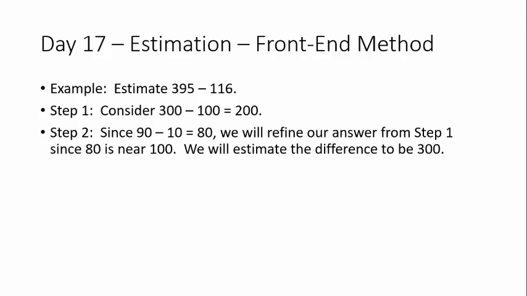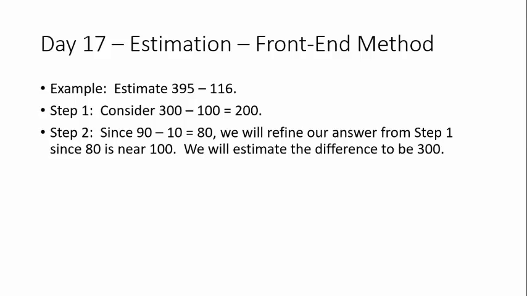Let's look at another example. We want to estimate 395 minus 116, again using the front-end method. 395 is considered to be 300. 116 is considered to be 100. 300 minus 100 is 200. Now looking at the next digits. After the 3, there's a 9 in 395.